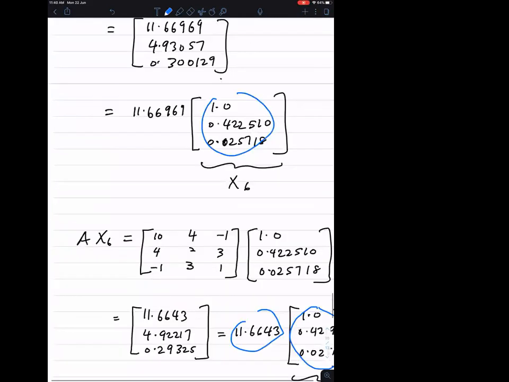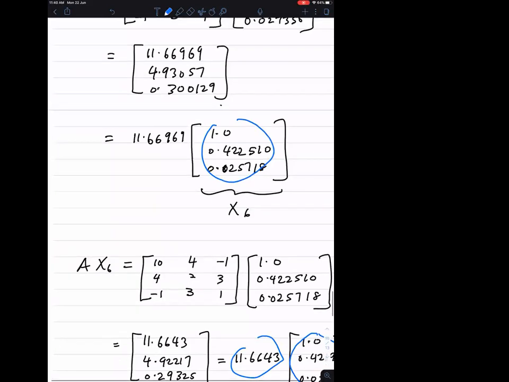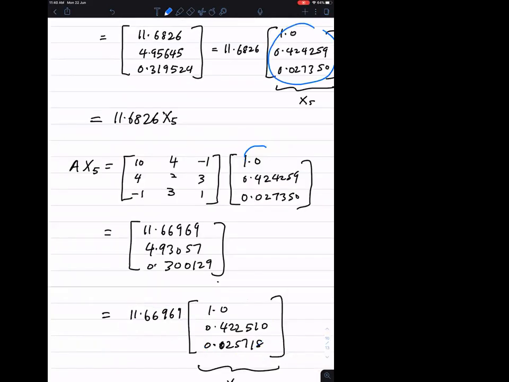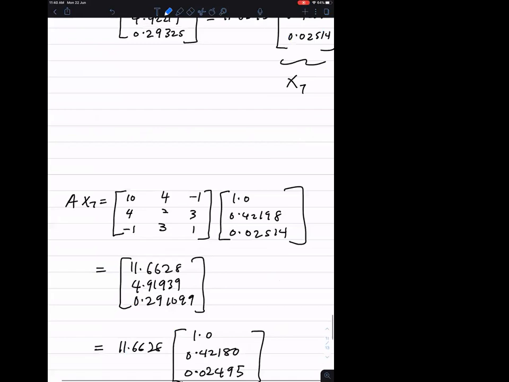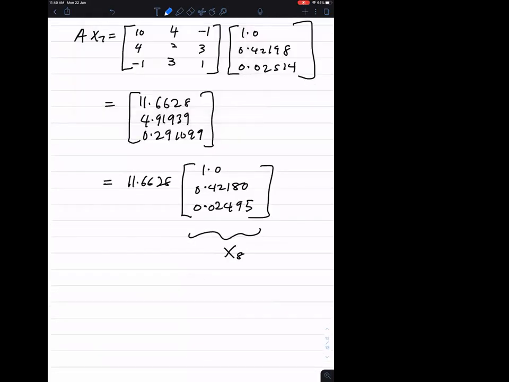So when they are not changing very much from the previous iterations, from the few previous iterations, this is the judgment that you make.